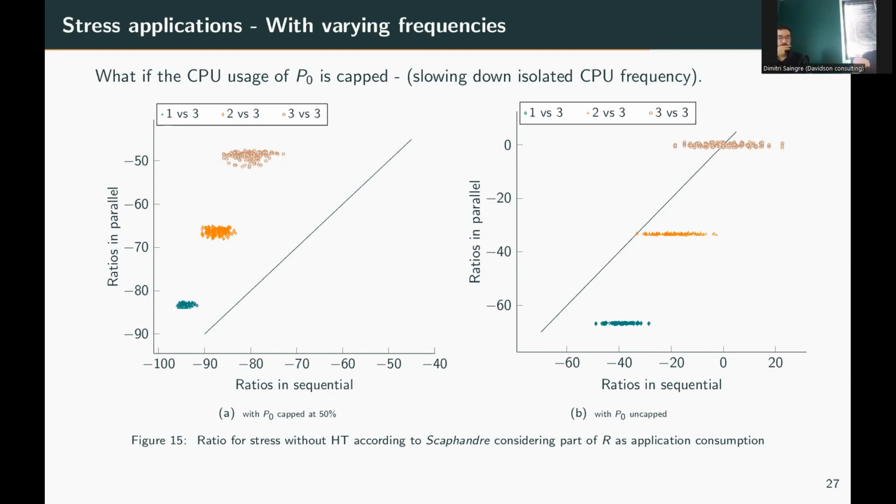So instead of running at 3.2 gigahertz, it was running at 2.4, thus the ratio of isolated consumption depended more on the residual consumption than on the active consumption.